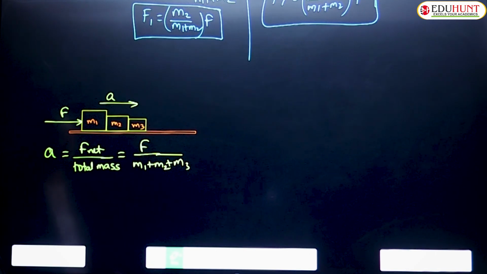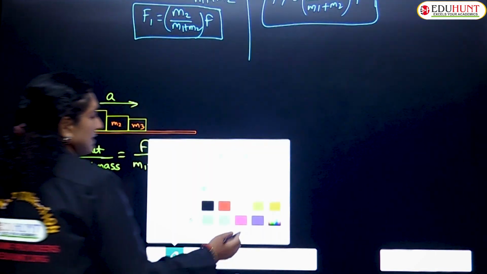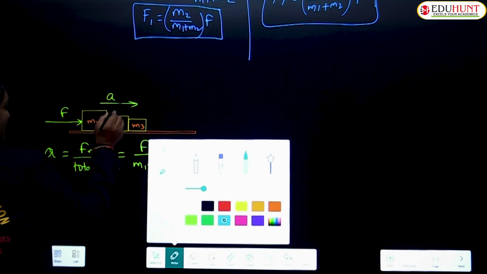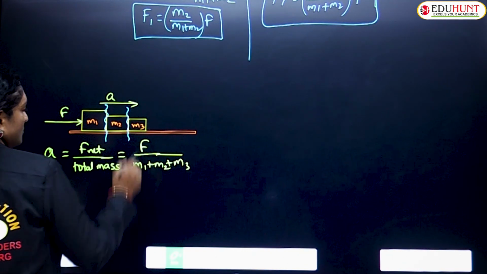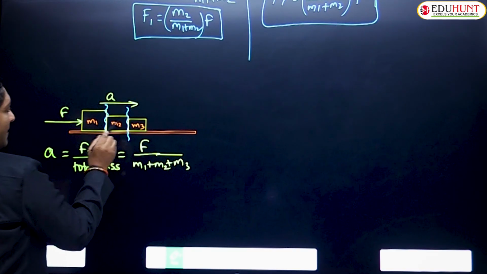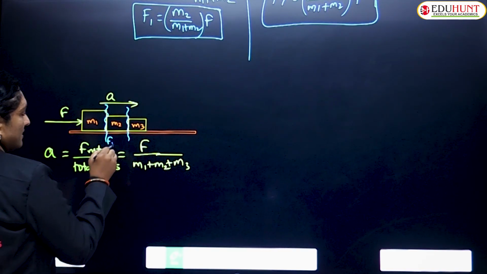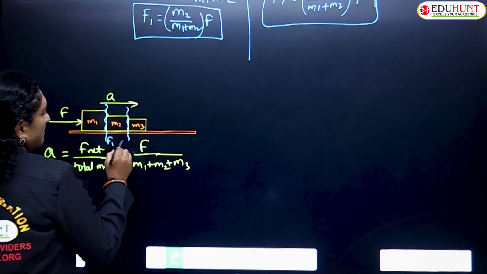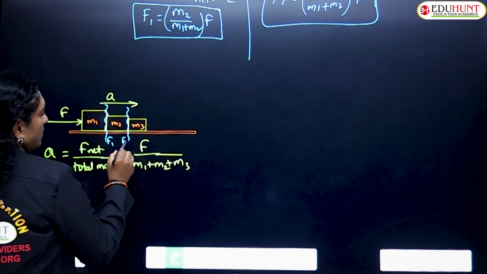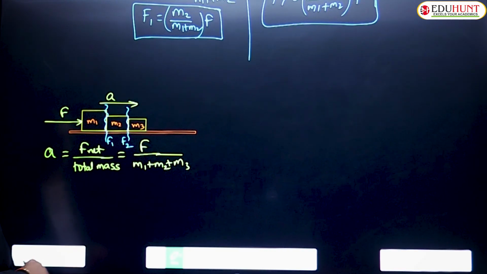Now, in order to calculate the contacting force between m1 and m2 as well as m2 and m3, between the masses m1 and m2, let the contacting force be represented by F1, and between m2 and m3, let the contacting force be some F2.